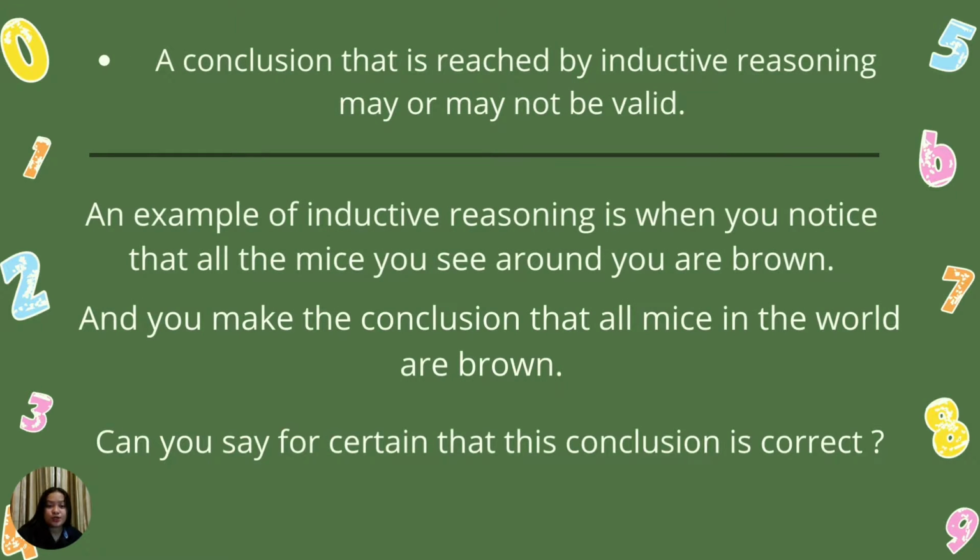And also, a conclusion reached by inductive reasoning may or may not be valid. An example of inductive reasoning is when you notice that all mice you see around you are brown, and you make the conclusion that all mice in the world are brown. Can you say for certain that this conclusion is correct?